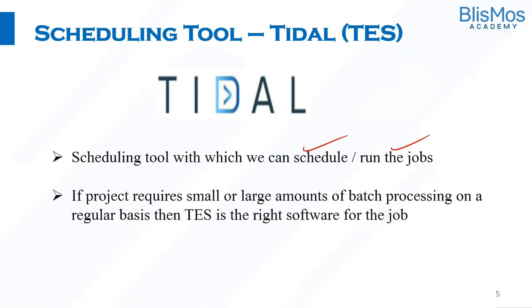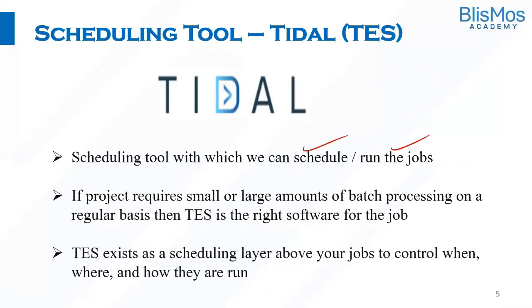Depending upon what the company and the project require for running the ETL pipelines, which can also be considered batch processing, TES comes in handy to schedule and monitor the jobs. TES, the Tidal Enterprise Scheduler, sits on the layer above the jobs used for ETL transformation, so that the whole process of extraction, transformation, and loading can be taken care of, such as where exactly we have to run the flow, and how and when. All those things will be taken care of by Tidal.